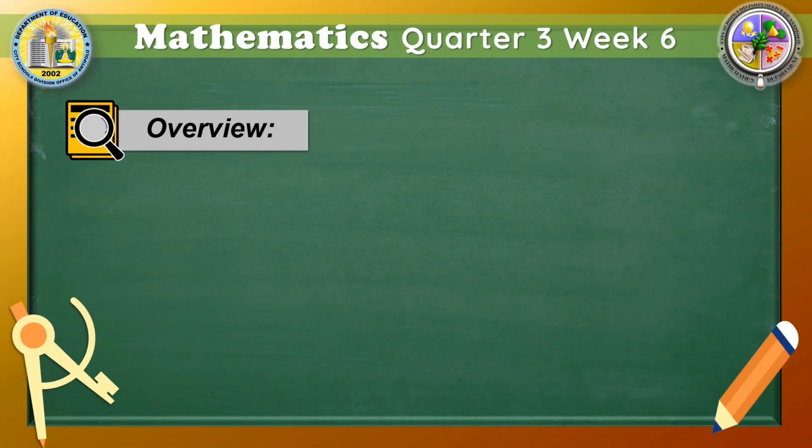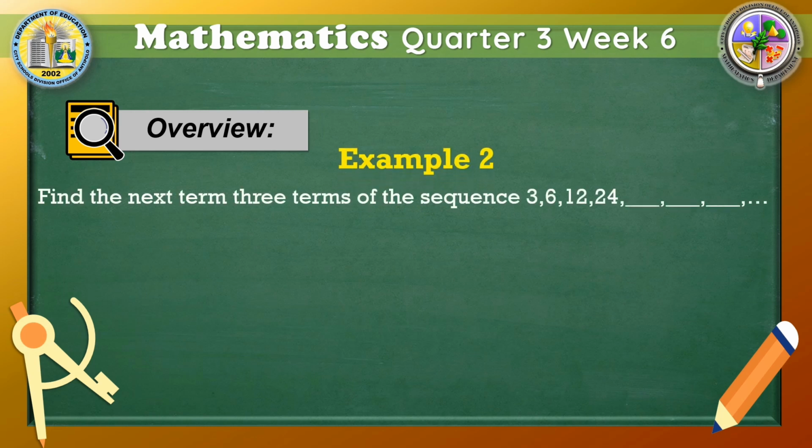Let's have another example. Example number 2. Find the next three terms of the sequence 3, 6, 12, 24. What do you think are the next three terms in the sequence? The rule here is simply multiply by 2.